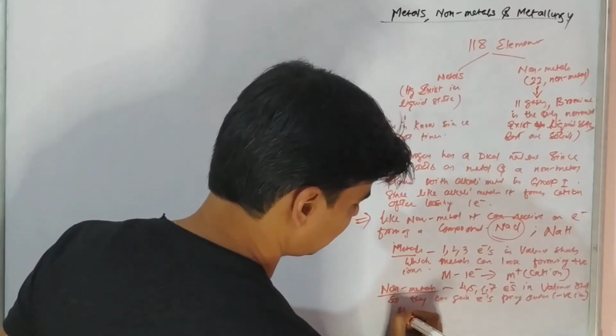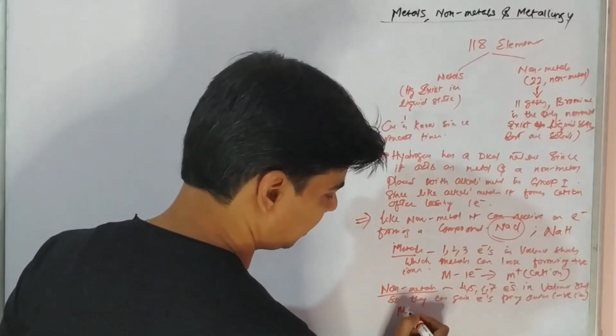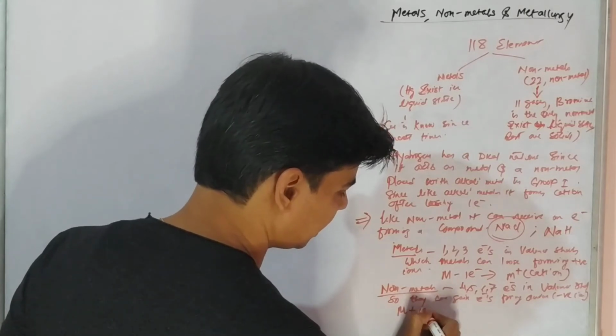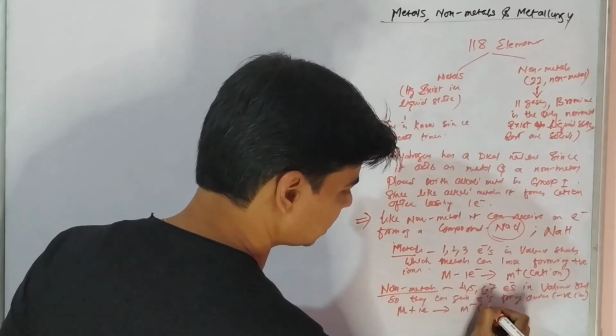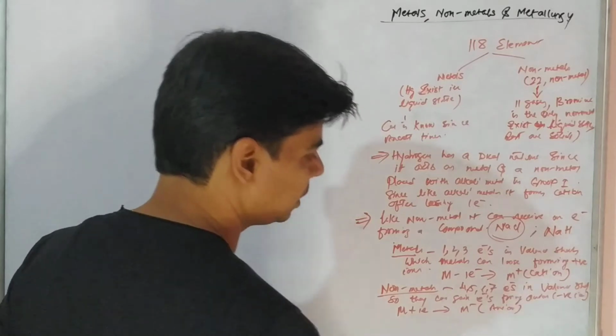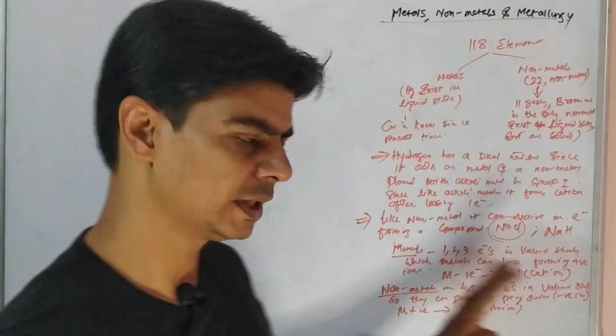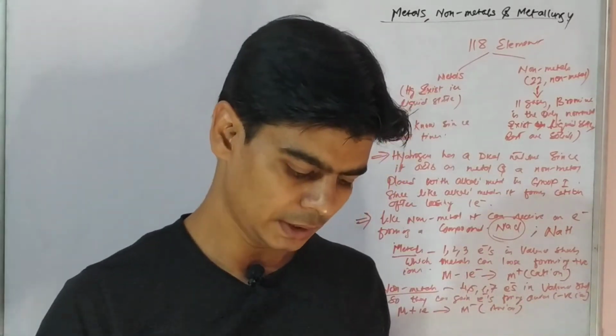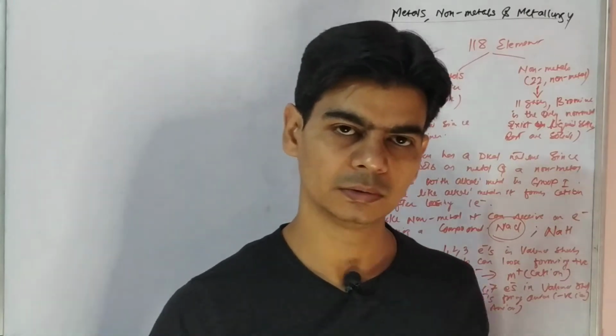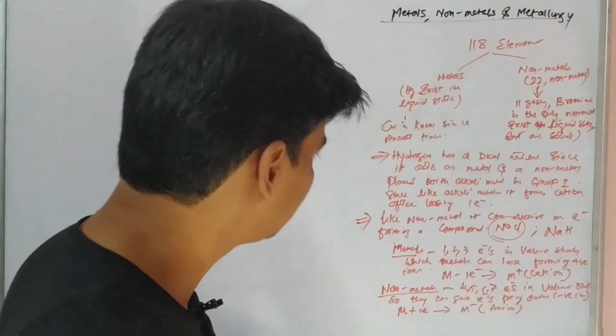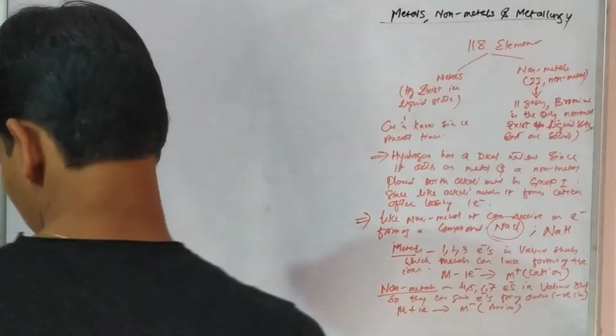Like if M is a non-metal, right, it can gain an electron, forming M minus, which is an anion, right? So metals form cations by losing electrons, and non-metals form anions by gaining electrons, right? So this is important.